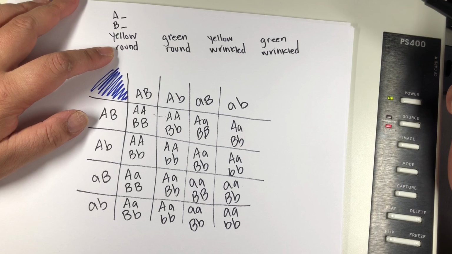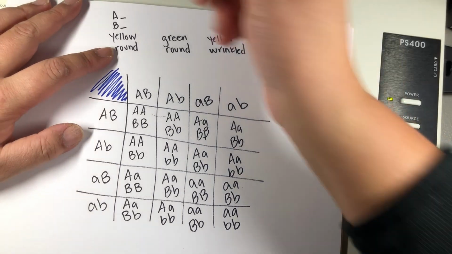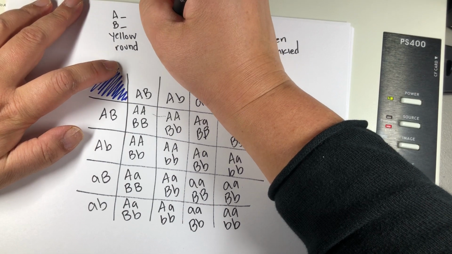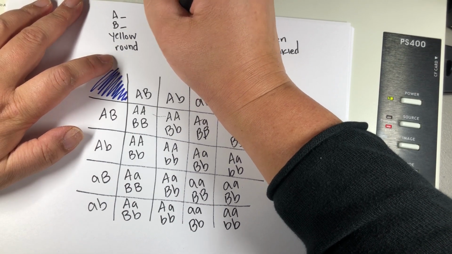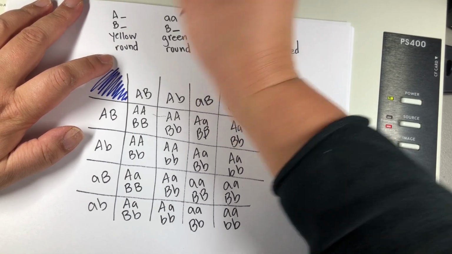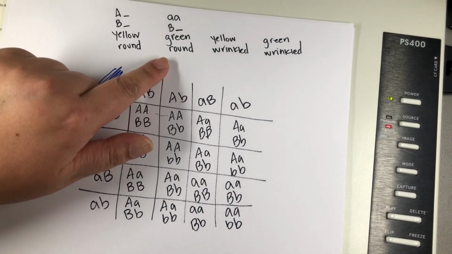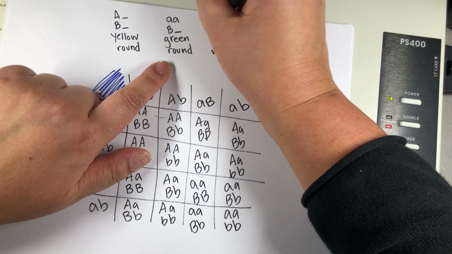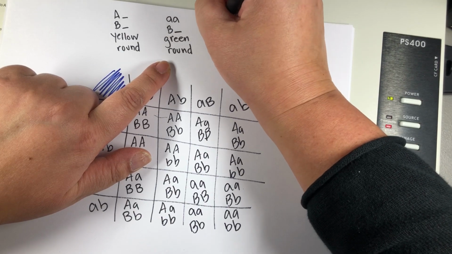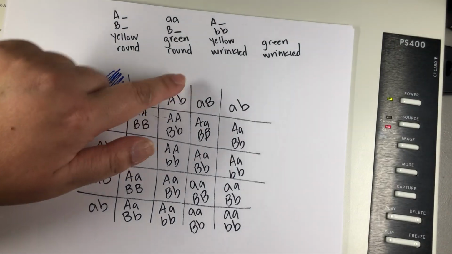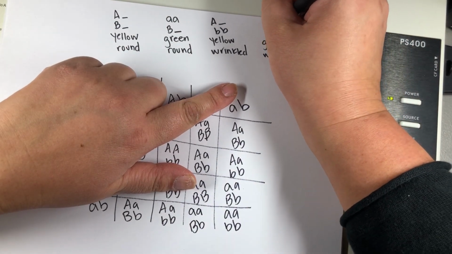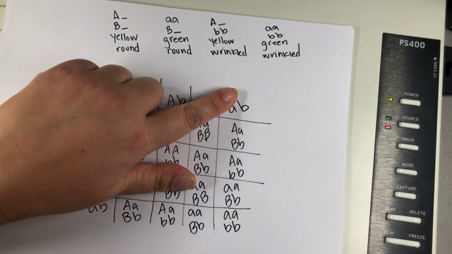Green is a recessive trait, so anything that's little a, and then round is dominant, big B, whatever, is going to be green round. Yellow is a dominant trait, so anything with a big A, whatever, and then little b is going to be yellow wrinkled. And the only condition in which it's going to be green and wrinkled is little a, little a, little b, little b.